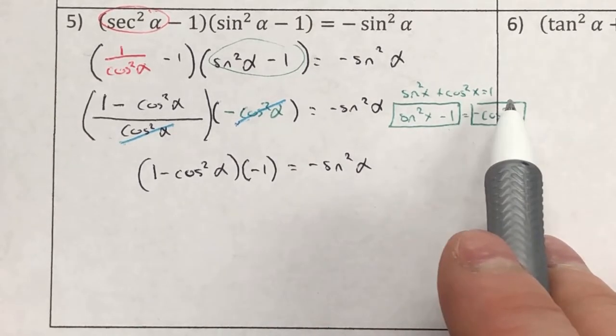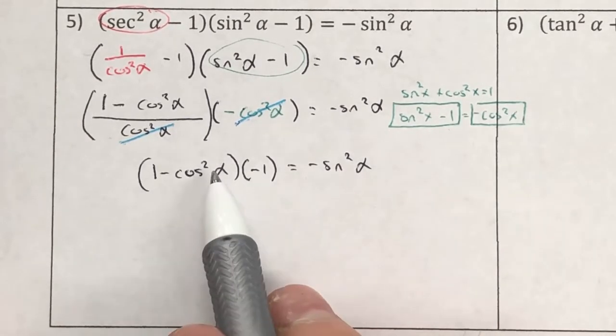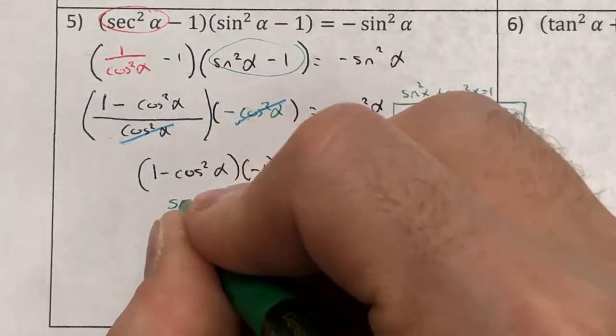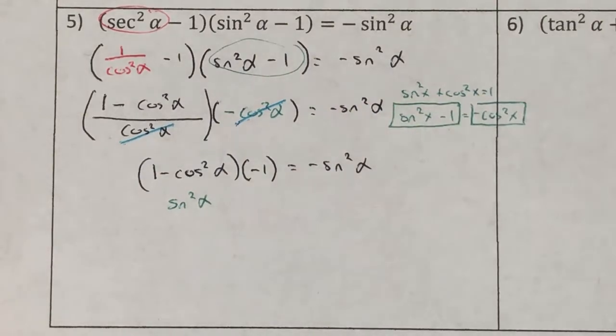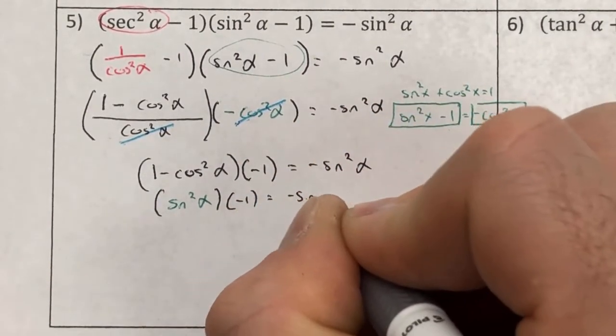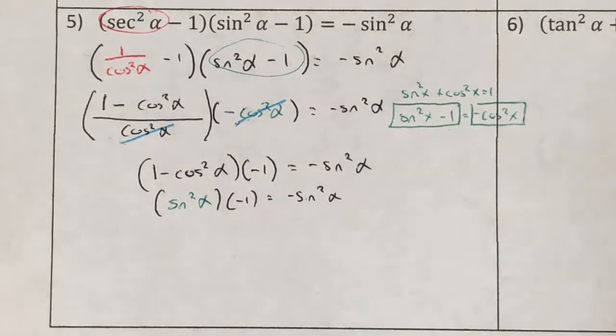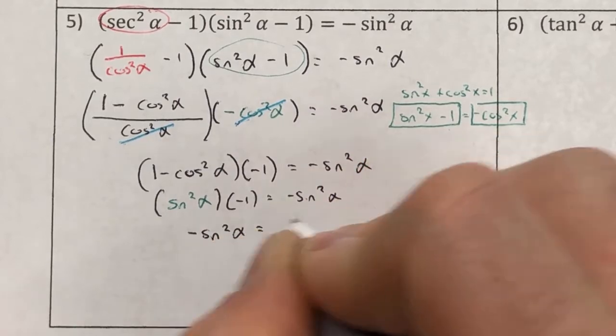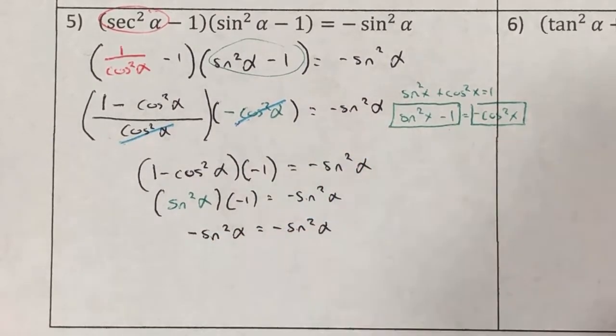If I take that cosine and move it over, I will get 1 minus the cosine. So I know that that will be rewritten as the sine squared of alpha times negative 1, which is negative sine squared of alpha. If I distribute, negative sine squared of alpha equals negative sine squared of alpha.